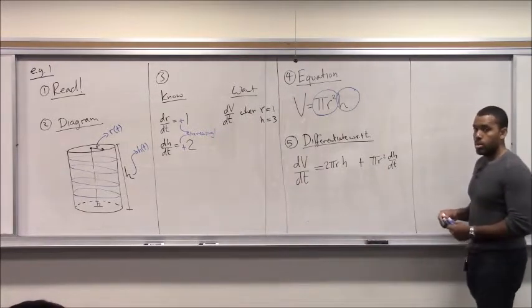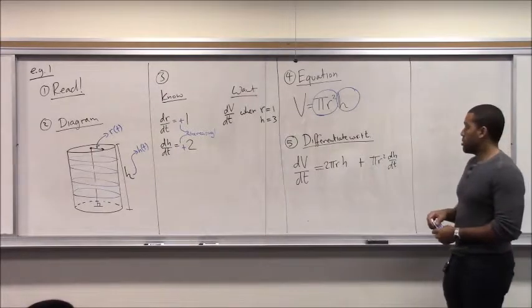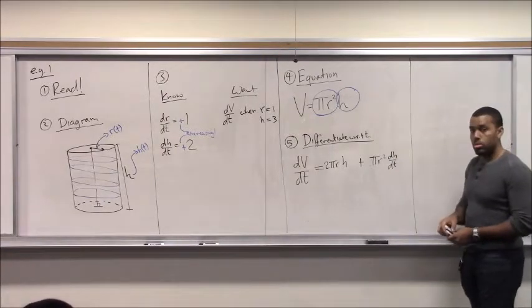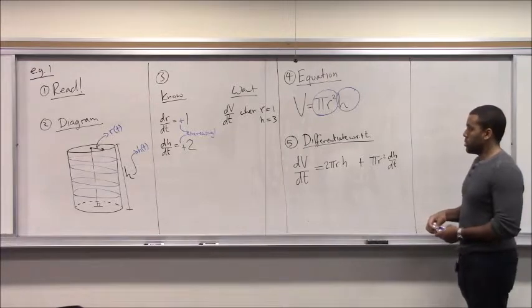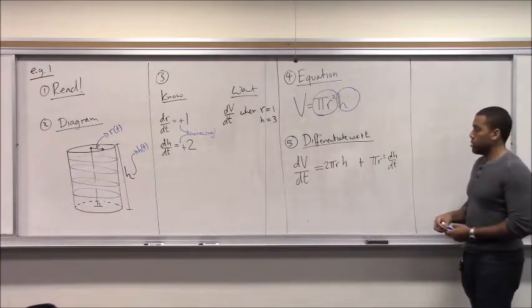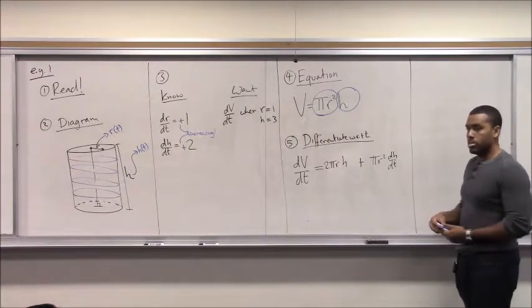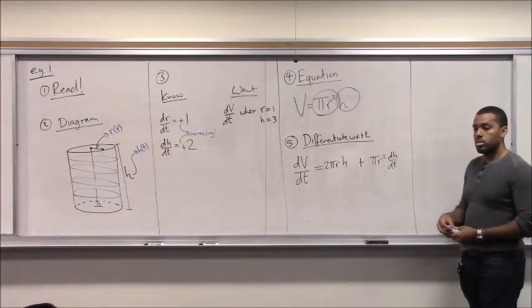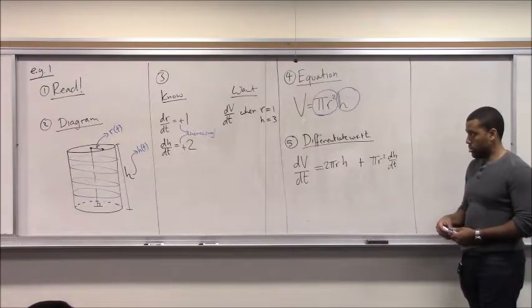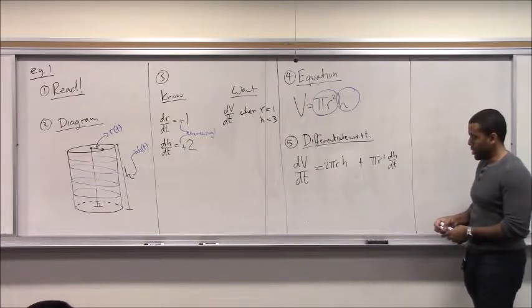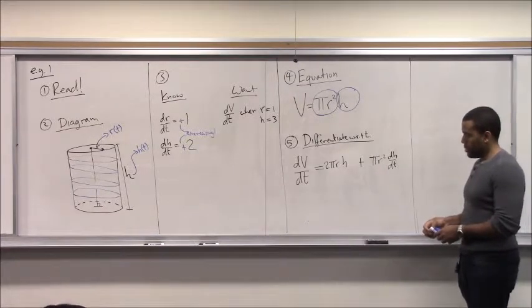You said t is the independent variable. So find the derivative of the first, times the derivative. Where are you talking about? The square.